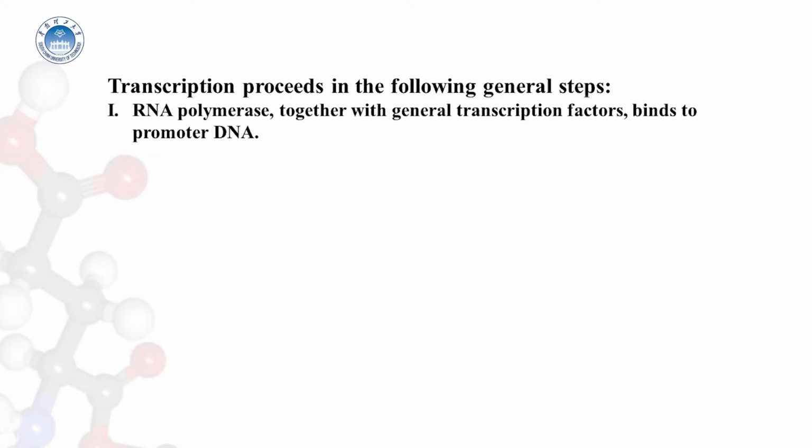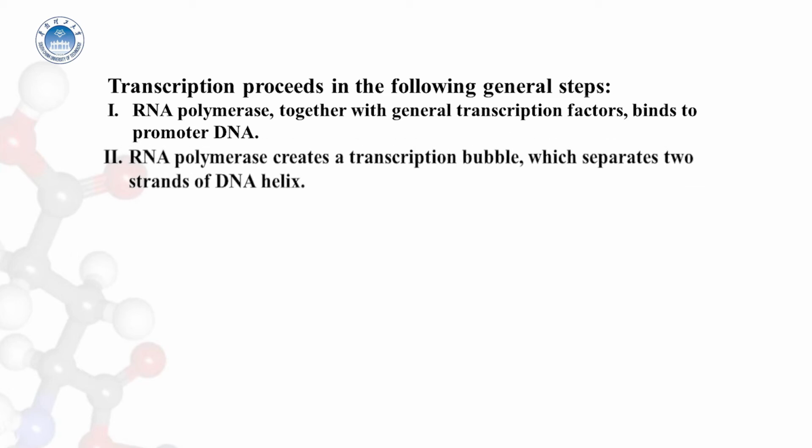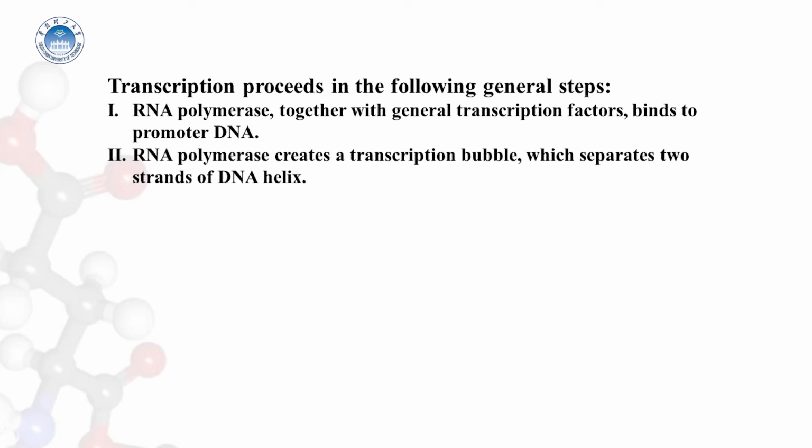RNA polymerase, together with one or more general transcription factors, binds to the promoter region of the DNA. RNA polymerase creates a transcription bubble, which separates the two strands of the DNA helix.